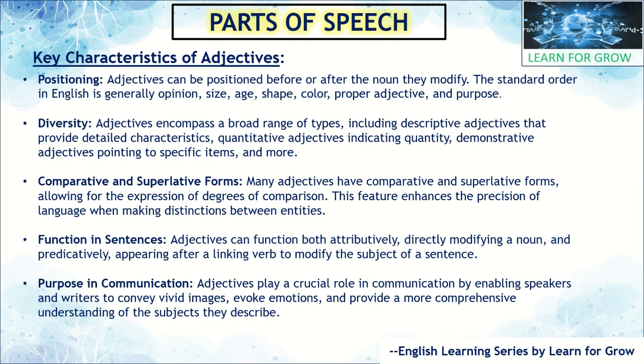Adjectives play a crucial role in communication by enabling speakers and writers to convey vivid images, evoke emotions, and provide a more comprehensive understanding of the subject they describe. These are the characteristics of adjectives we studied. They show the importance and the role of adjectives in the English language, right? I hope you understood these characteristics.